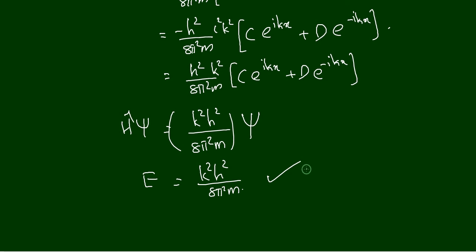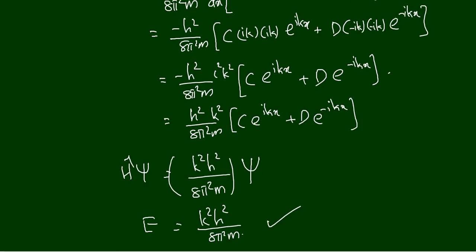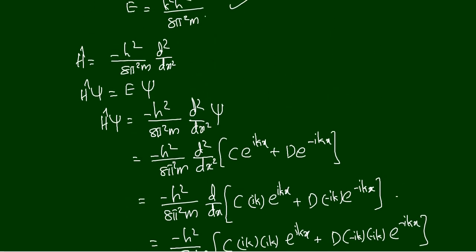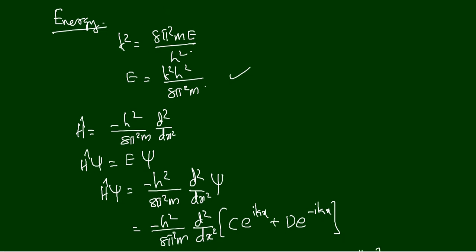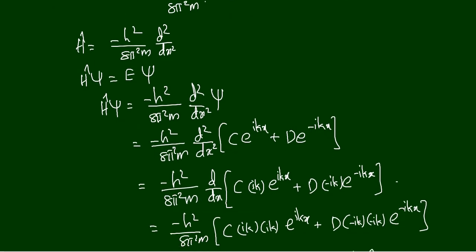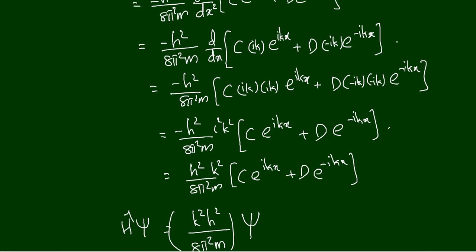Now you have the idea about the energy of the particle, and also you know about the wavelength of the particle. Now you know that this particle actually has two momentum values or two wavelength values, in the sense that when it is moving in the plus x direction and when it is moving in the minus x direction.